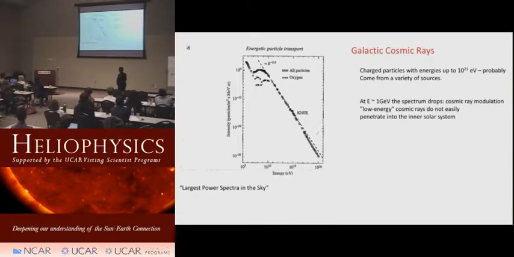Okay, so let's start with galactic cosmic rays. If you see the intensity versus energy, this is known as the largest power spectrum in the sky. It's a power spectrum in energy, and around GeV it doesn't go as a power spectrum anymore, but what we say is it rolls over. It has this rolling over here, okay?